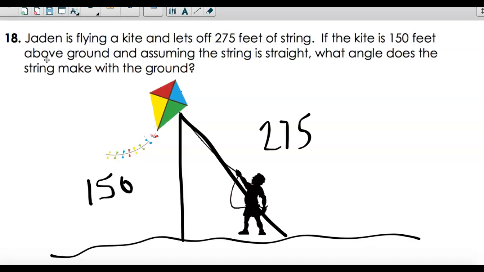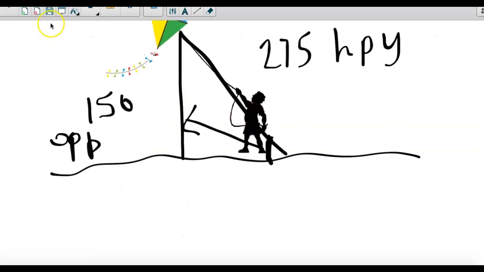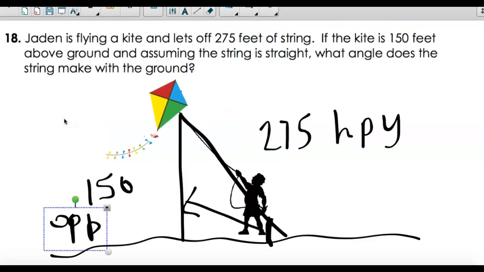So we want to know what angle the string makes with the ground. So that is this angle here. In this case, we have opposite, we have hypotenuse. So we'll be using the inverse trig function sine.